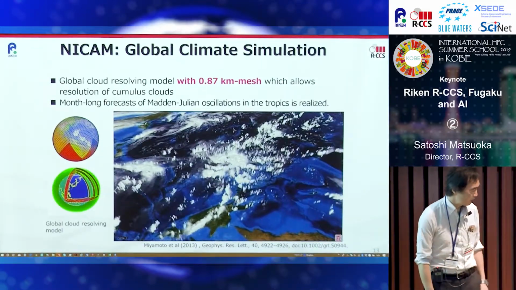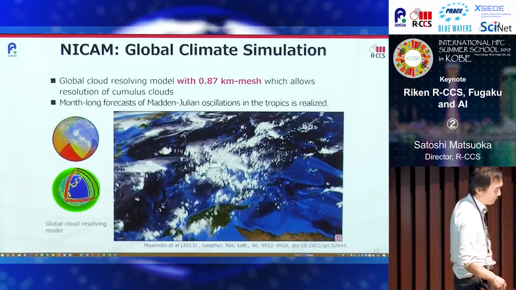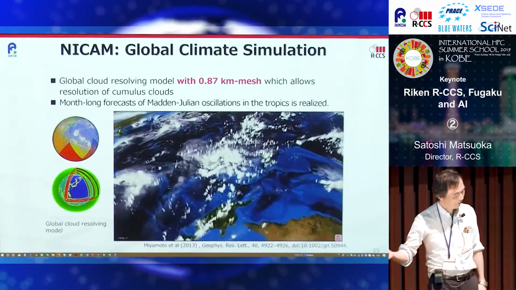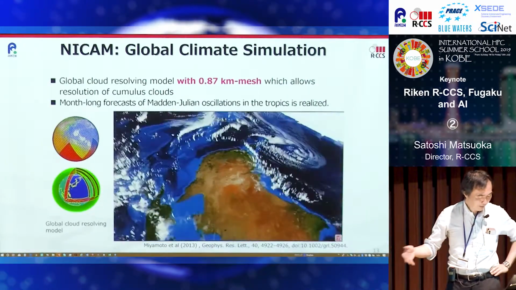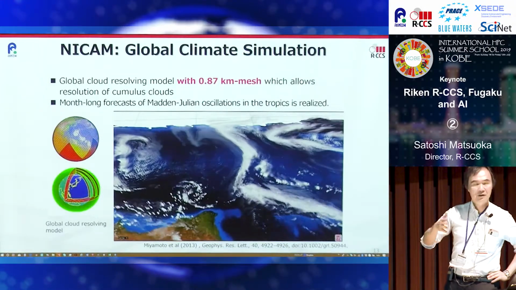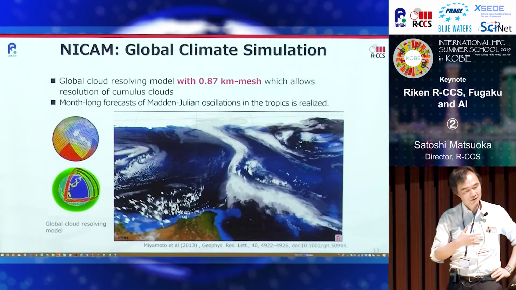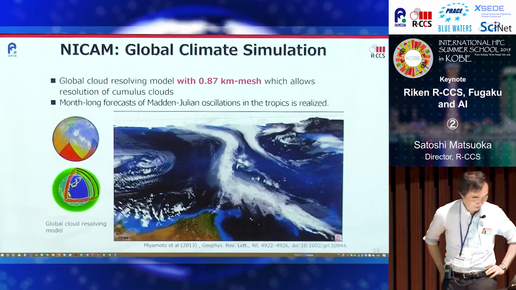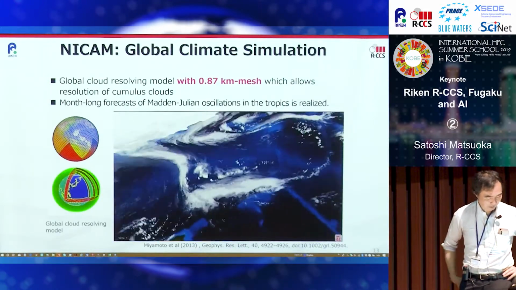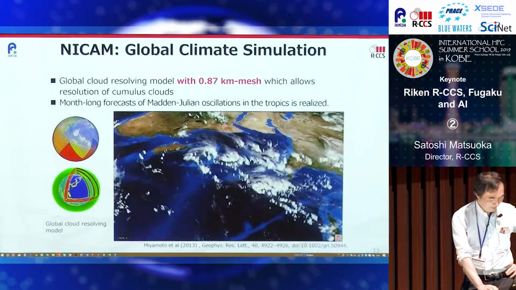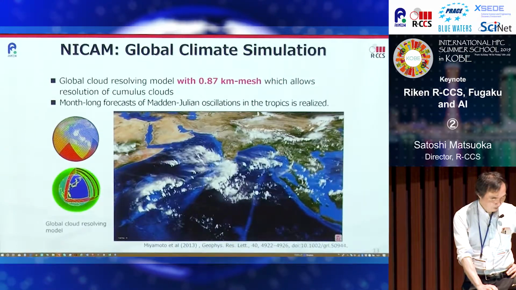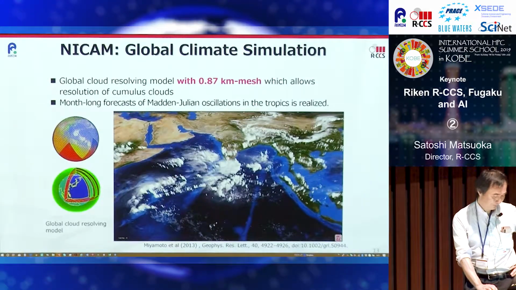But this is, of course, very hard. And so we have the code running on the K, but to do the integral over 100 years, which the target will require, we need a lot more flops. And so the target was to speed this up by a factor of 100.